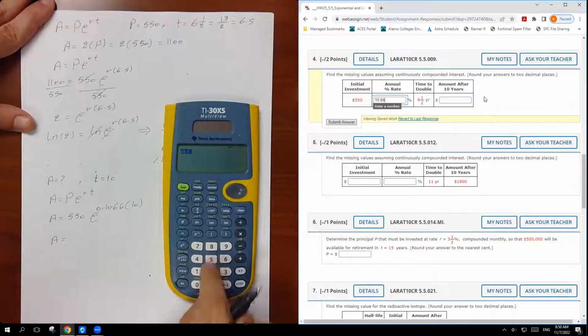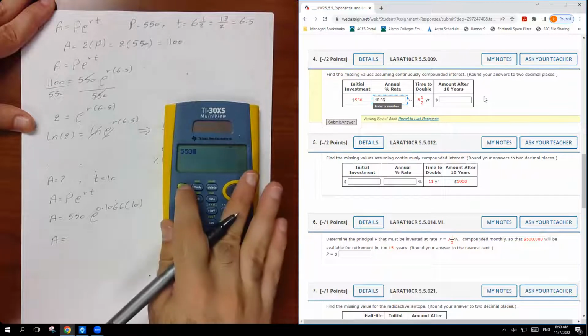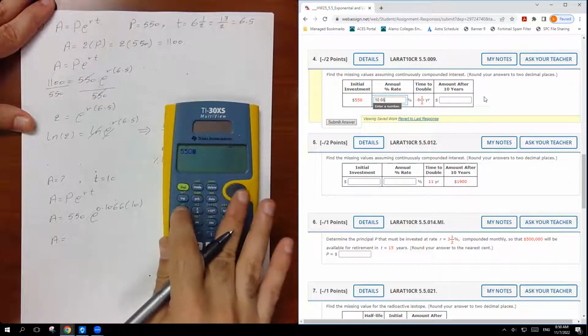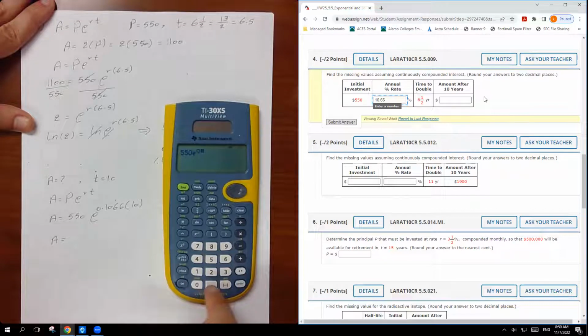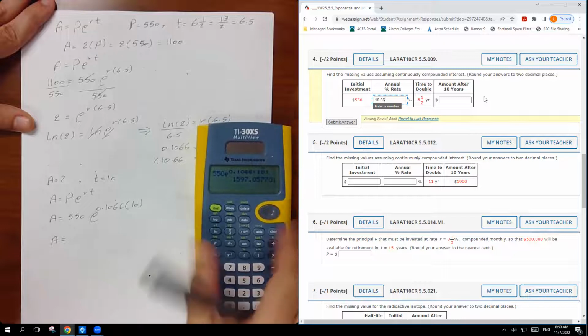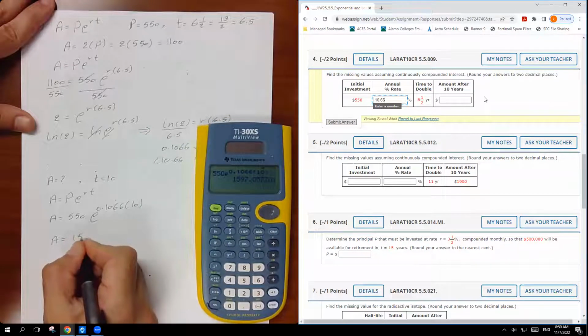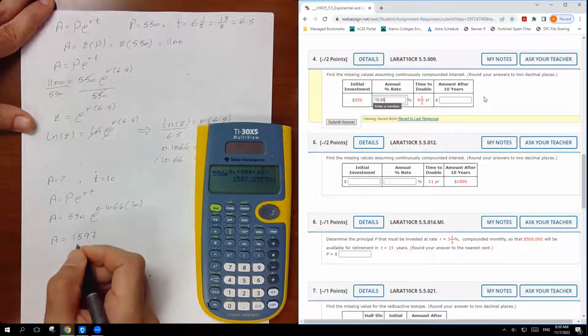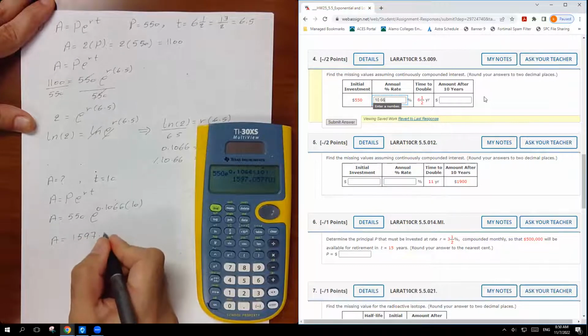So 550 e to the power 0.1066 times 10. So equal 1597.06.